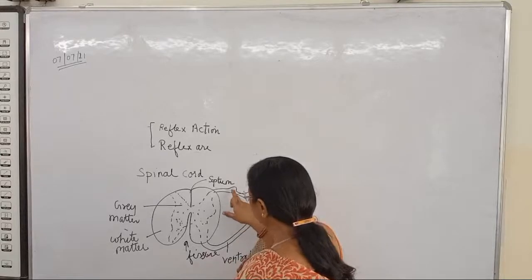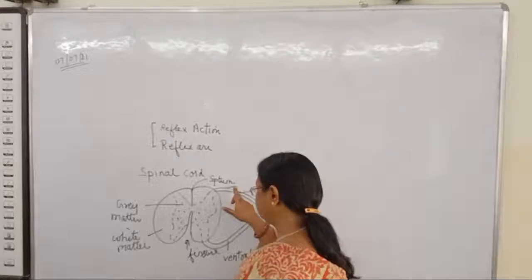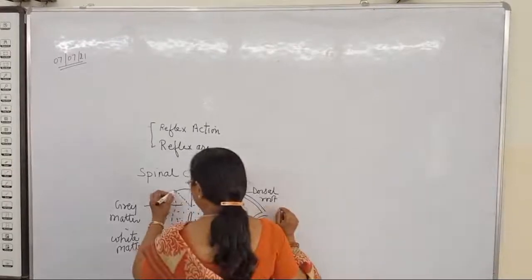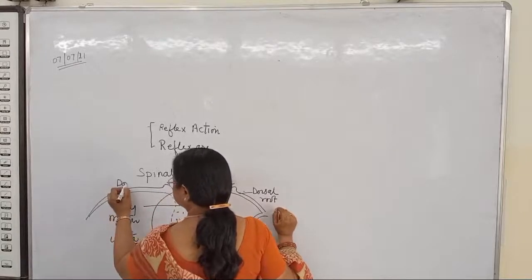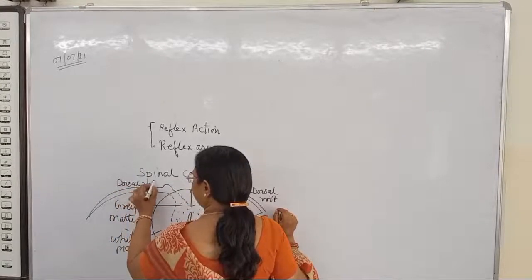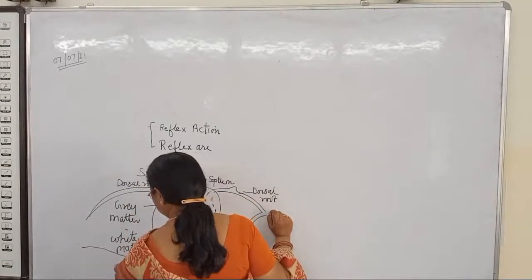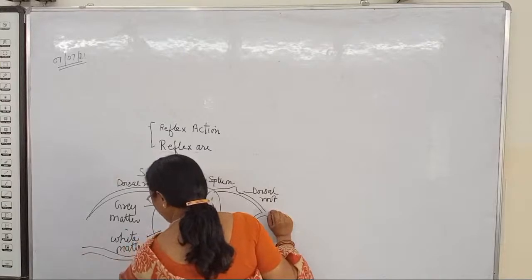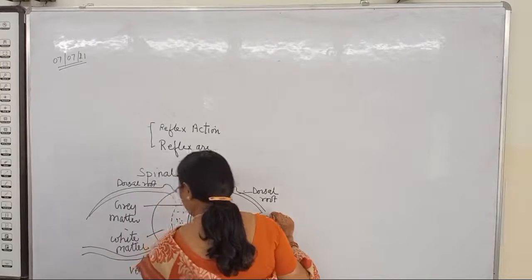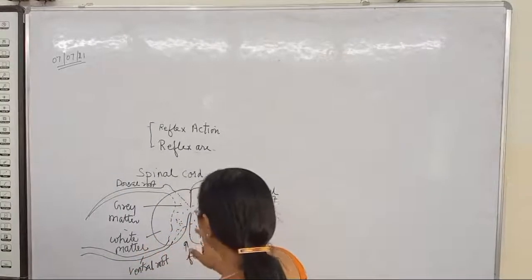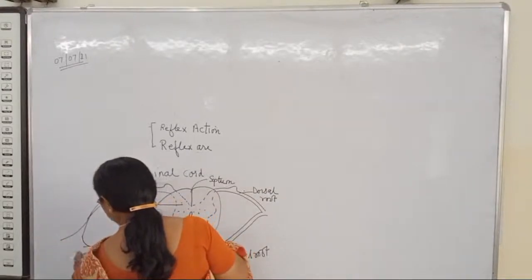In the dorsal root, you will find a ganglion, the dorsal root ganglion, a kind of swelling, bulging here. Similarly, on the other side also, you will find the dorsal root and the ventral root of the spinal cord.